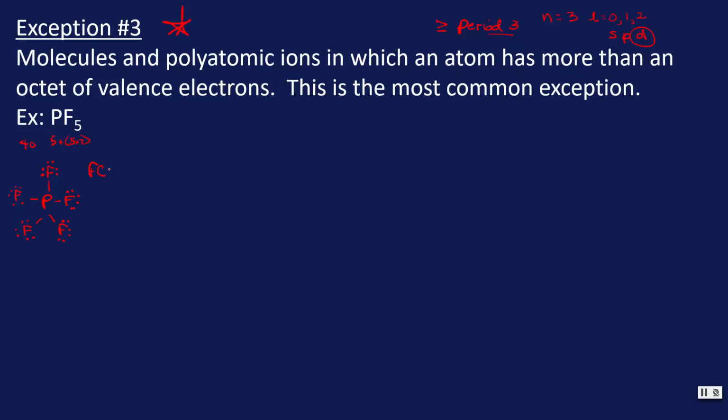Let's check it out. If it has a formal charge, then it's probably not going to be the right structure. 5 minus, it doesn't have any lone pairs, and it has 5 bonds. Okay, so it doesn't have a formal charge, but it has 10 valence electrons. That's okay, because phosphorus is in period 3.